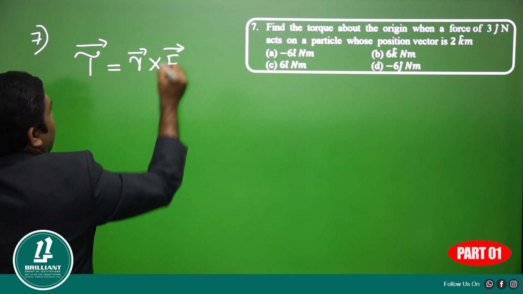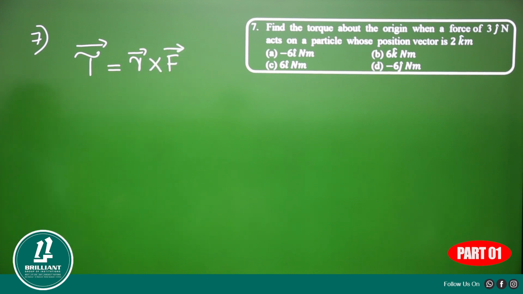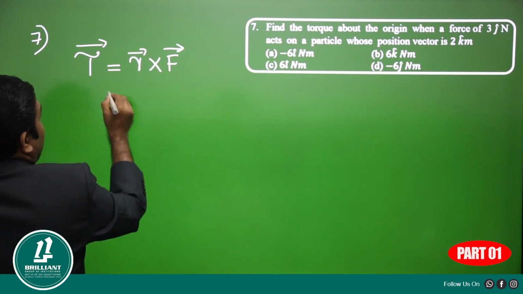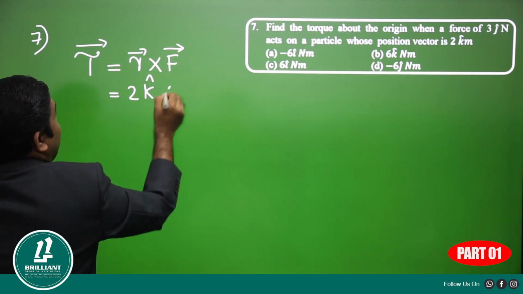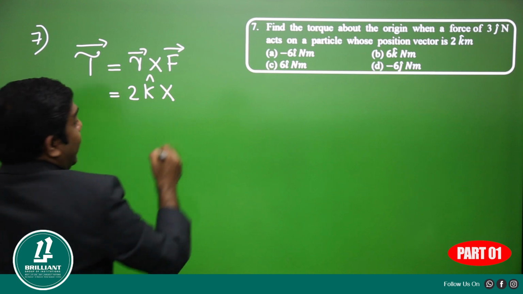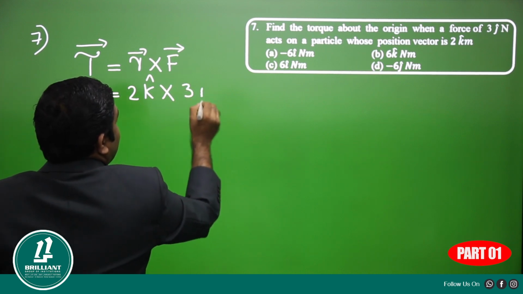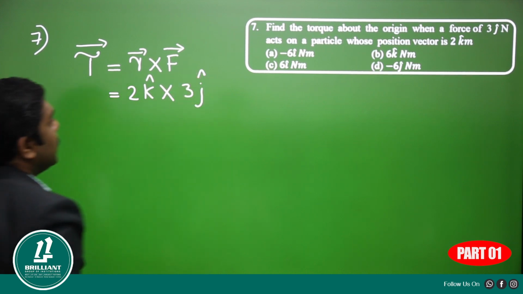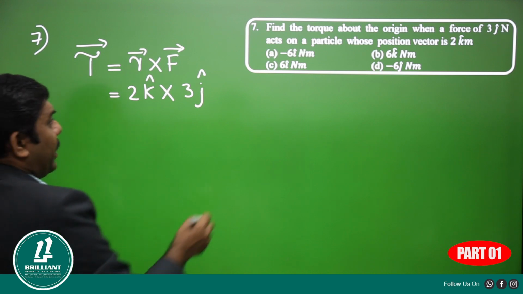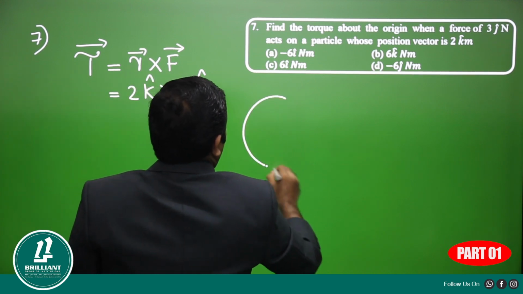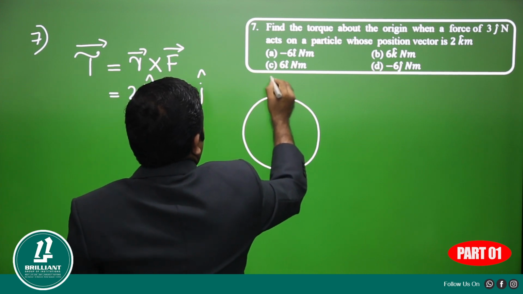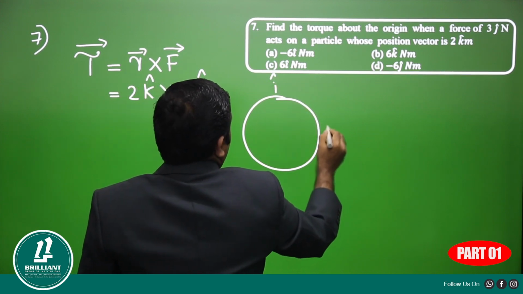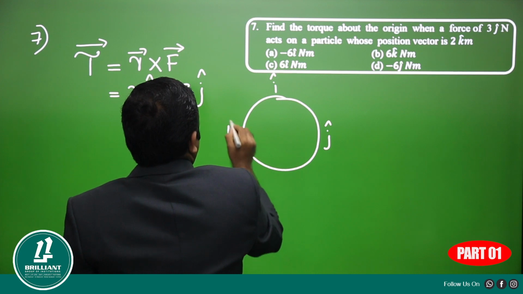R cross F, cross product here. Okay, the position vector is given 2 K cap, so 2 K cap cross, and force is given 3 J cap. See, the cross product rule is there. There is an easy method to understand that. Already someone knows, I, J, K is there.